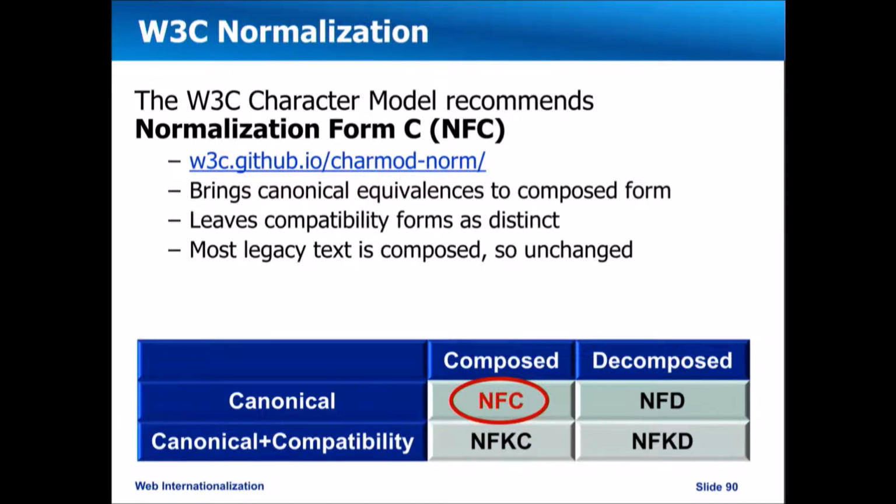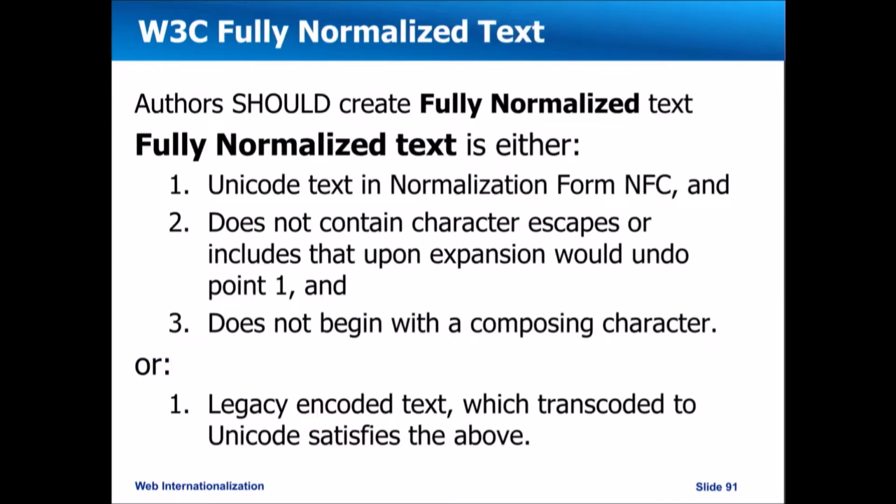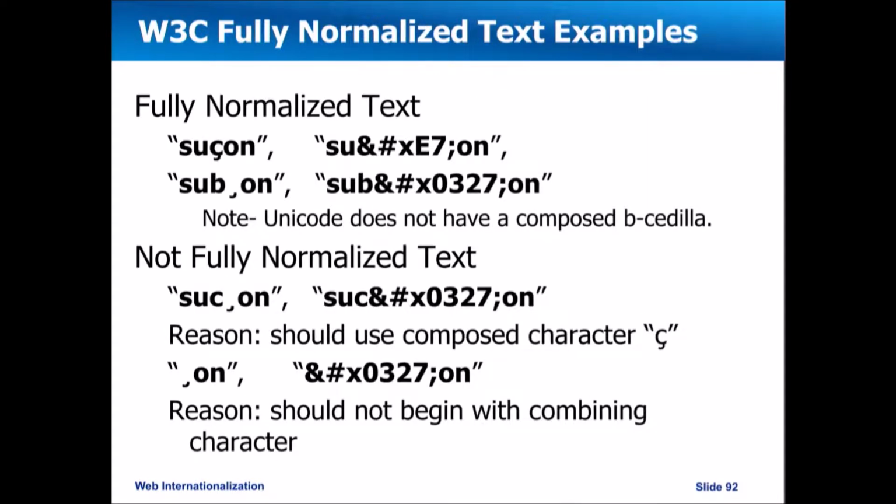They also said, well, we're not just plain text, we also have escapes. And so they went a little bit further. The Web Consortium said, let's define fully normalized text where we take into account escape characters, and let's make sure that the text is not only in normalization form C, but it takes into account escapes.